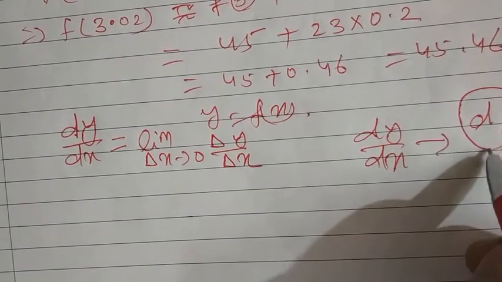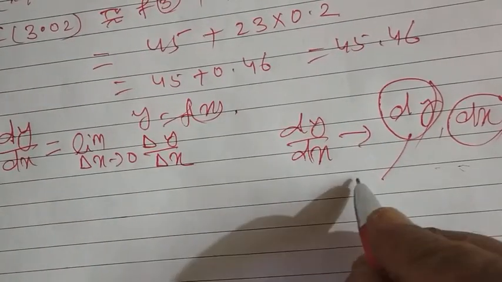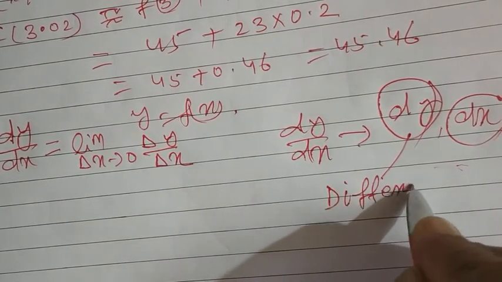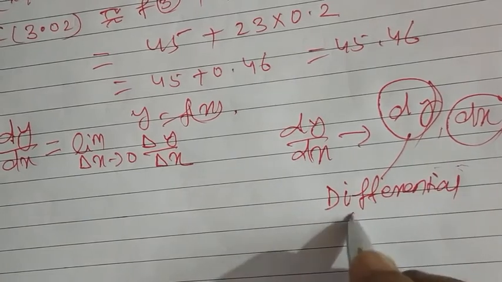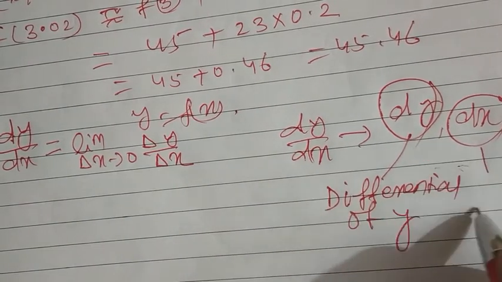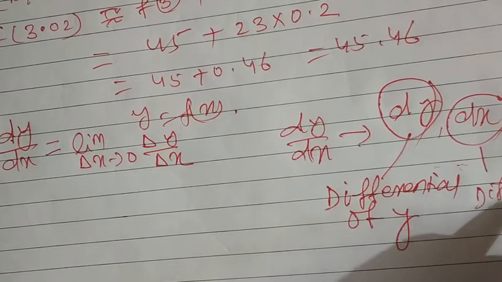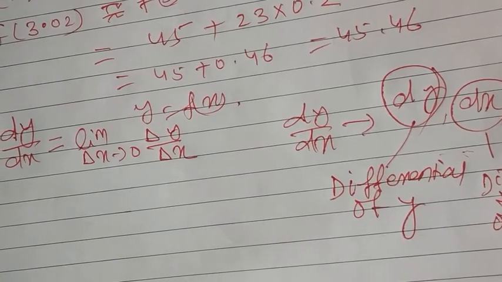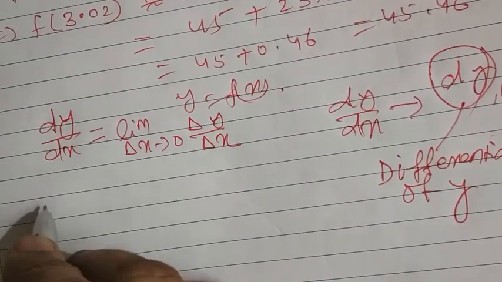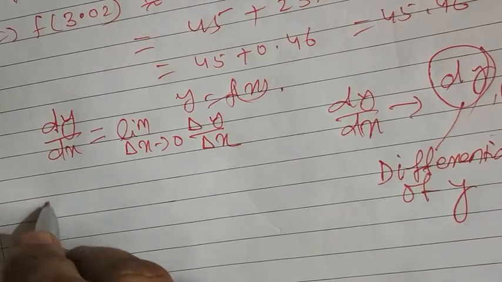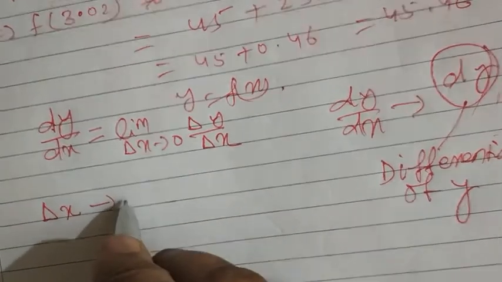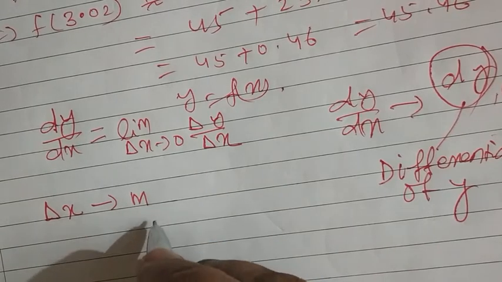This dy and dx are known as differentials: differential of y, and this is differential of x. And how do I find delta y from delta x? What is delta x? Delta x is the measurement error in x.